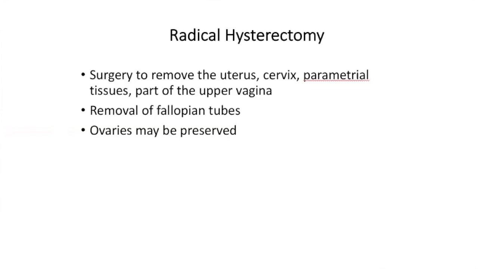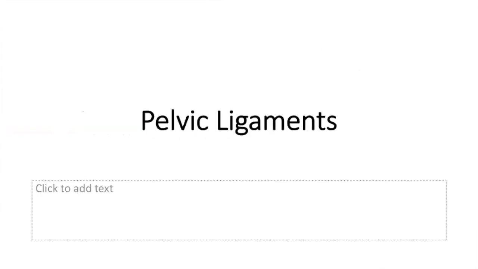And depending on the age of the patient and how the structures appear, the ovaries may be preserved. The uterus and cervix are held in place by several ligaments. Each of the ligaments must be transected in order to remove the uterus and cervix.